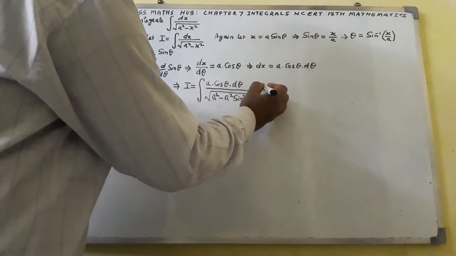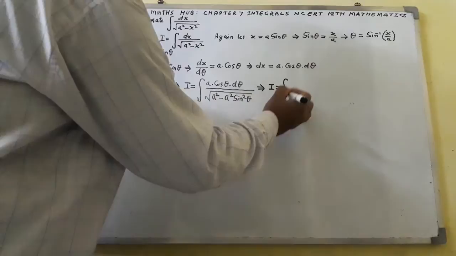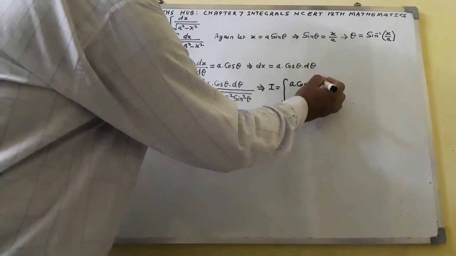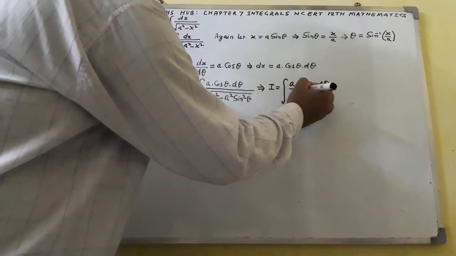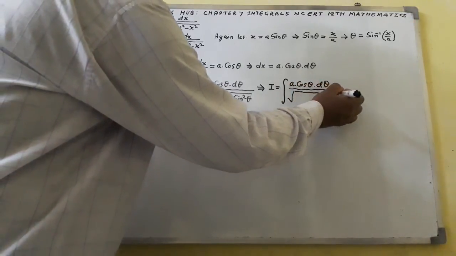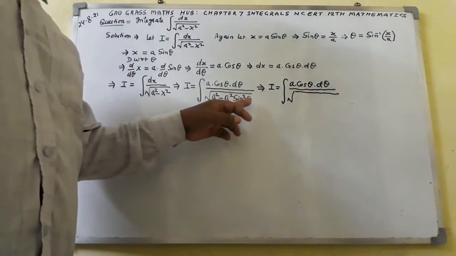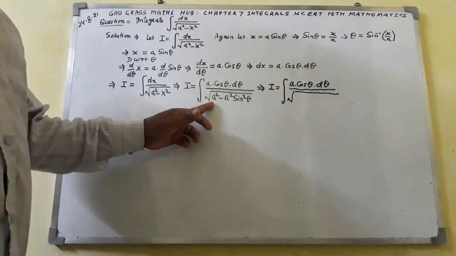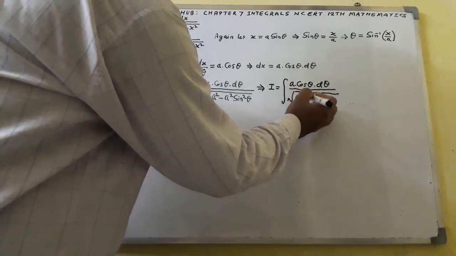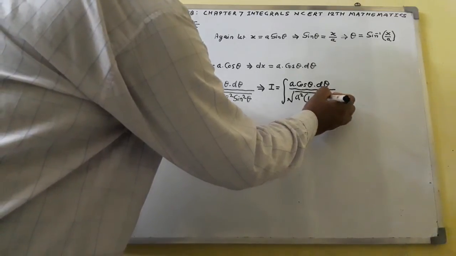Again I shall write: I equals integral a cos theta d theta, whole over under root. Here a square is the first term, a square sin square theta is the second term. Here I shall take a square as common. We will get 1 minus sin square theta.